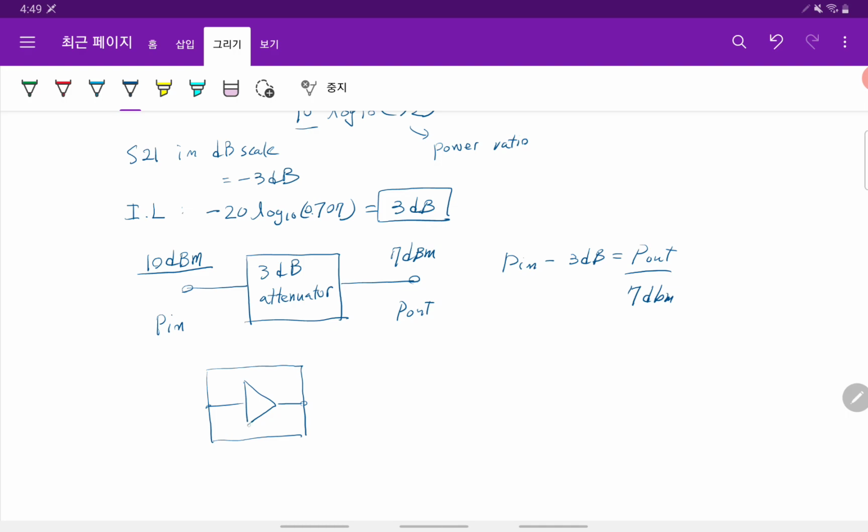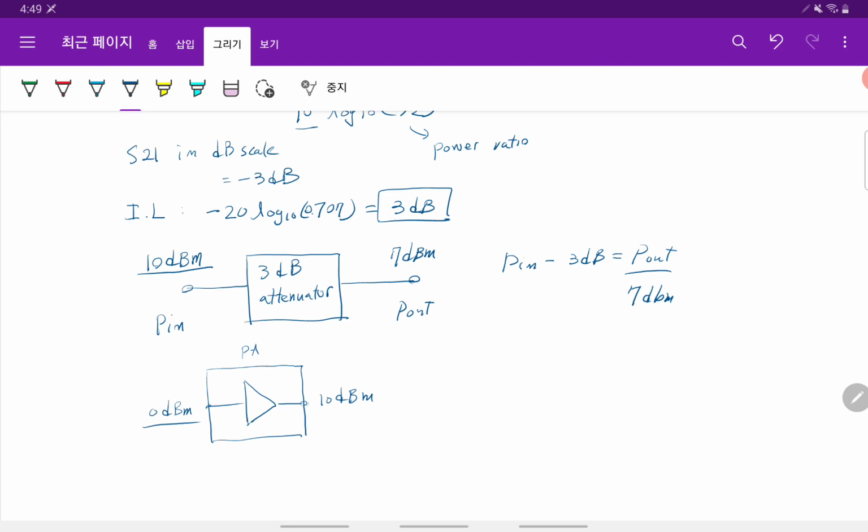Maybe you can understand it like this. Let's say this is a PA. The PA has a 10 dB gain, which means it increases by 10 dB, right? Let's say the input is 0 dBm, and this PA makes 10 dBm from this. So the gain is 10 dB.